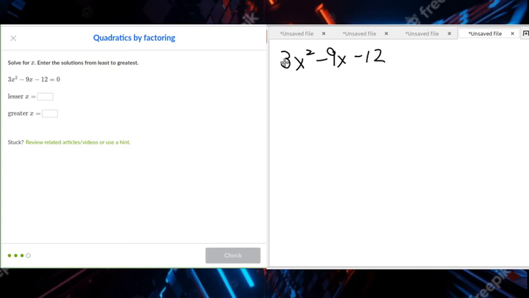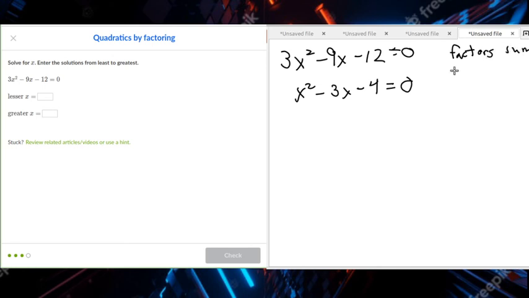Okay, I'm going to divide both sides here by 3. 0 divided by 3 is just 0, so I'm going to get x squared minus 3x minus 4 is equal to 0. So I need factors of negative 4.